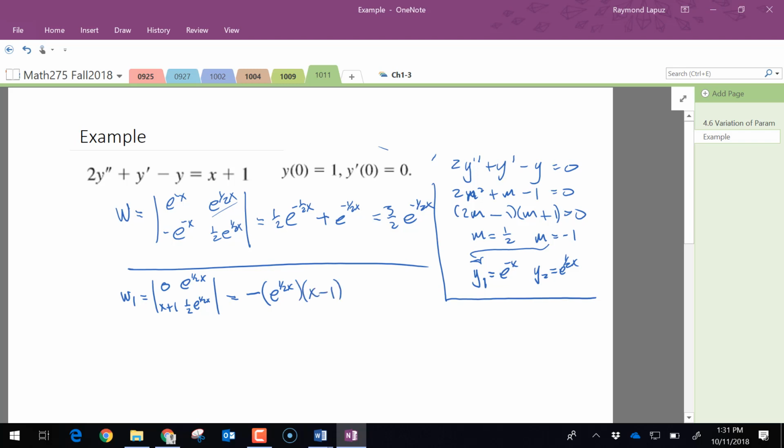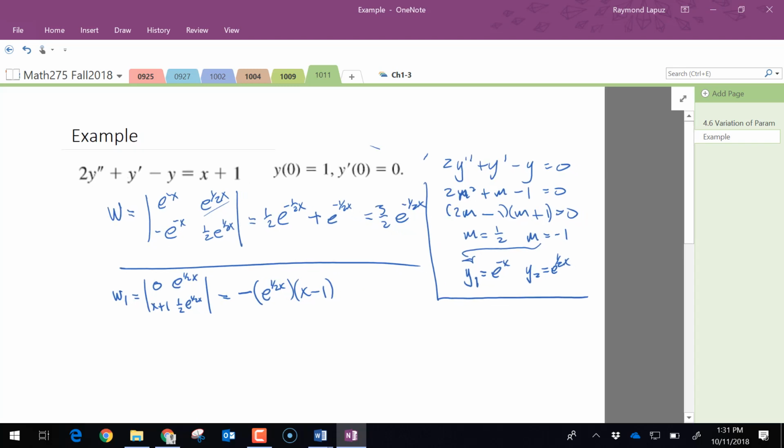I'll hold off on multiplying that, because when I divide, I want to look at the e to the negative 1/2 x and e to the x right next to each other. W2 is e to the negative x, negative e to the negative x, 0, and the g function.